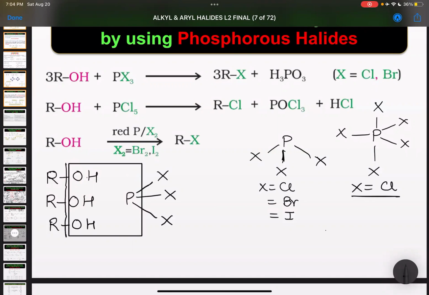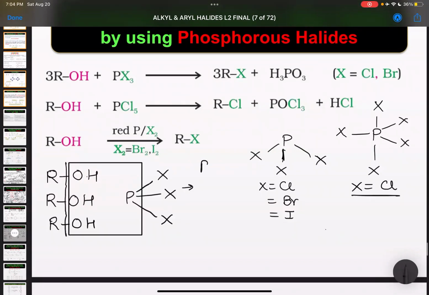Remove these. Clear? This is a trick, but this is an SN2 reaction. That also you need to know if someone asks you.